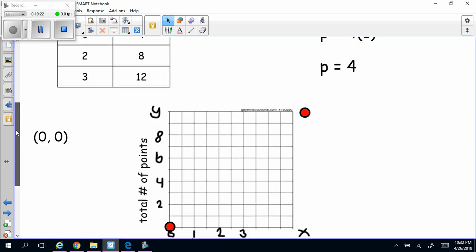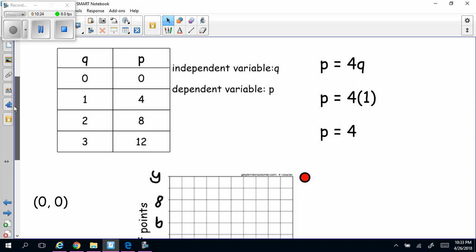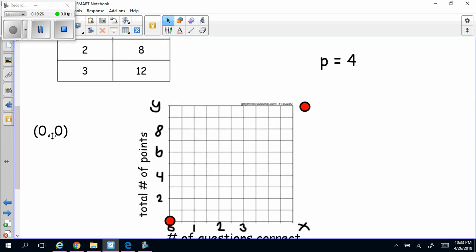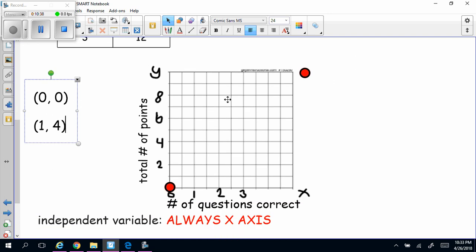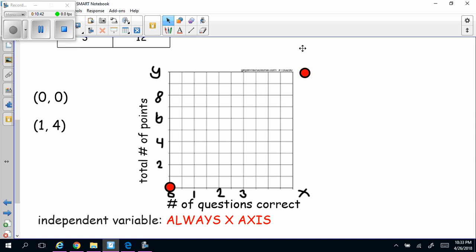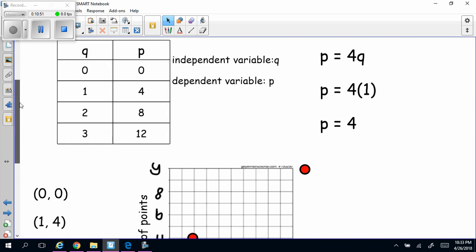All right, now we have another coordinate. It's telling us 1 and 4. So write these coordinates down too. So now I have 1 and 4, with my x being 1 and my y being 4. So this would look like 1, 4. Now, let's look at the rest. We have 2, 8, and 3, 12.